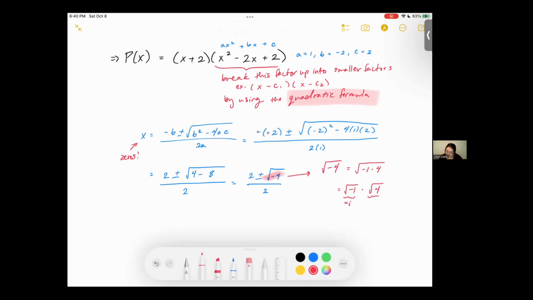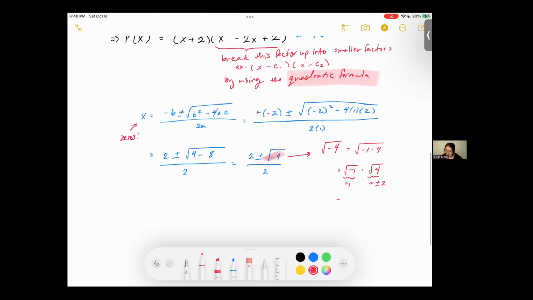And the square root of 4 is, well, plus or minus 2. So really this is plus or minus 2 times i, which is just plus or minus 2i. And that's the answer. That's the complex number.